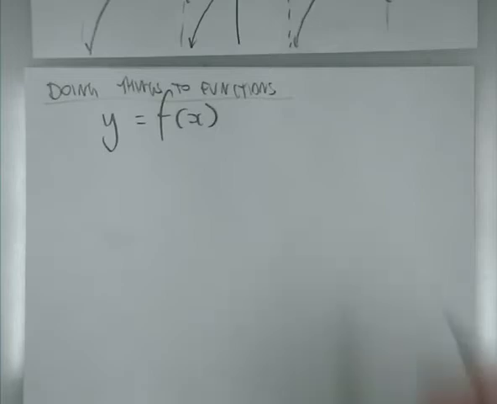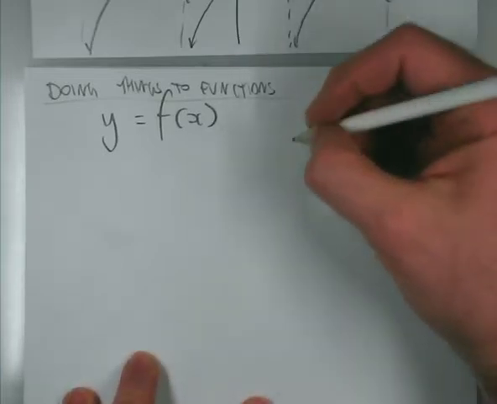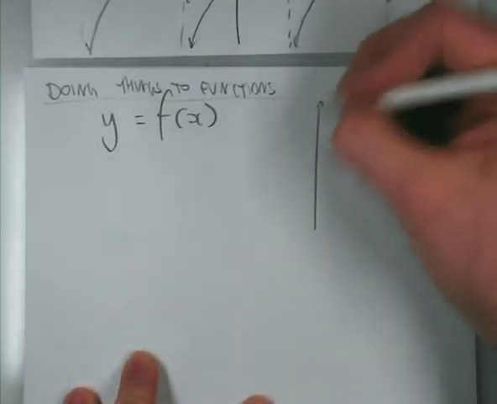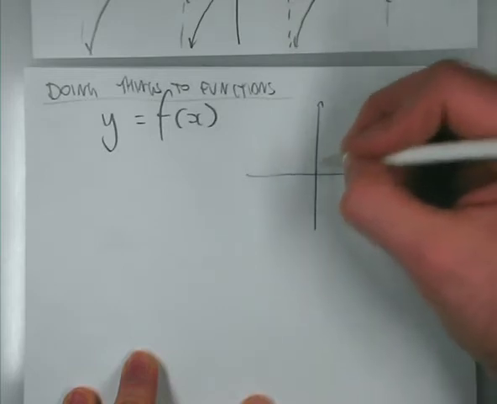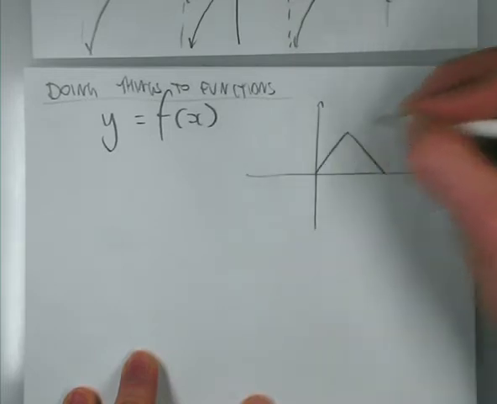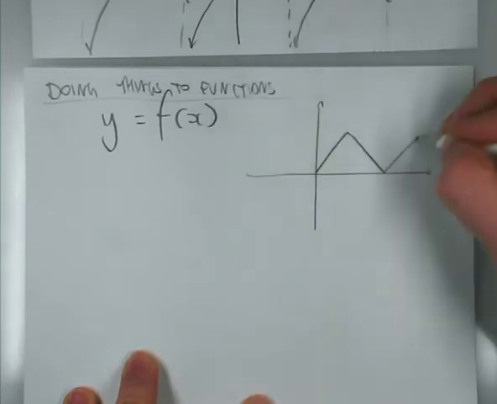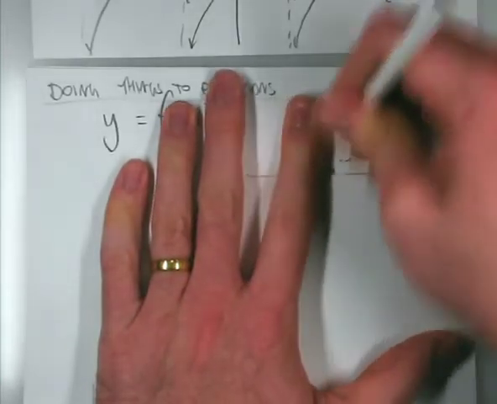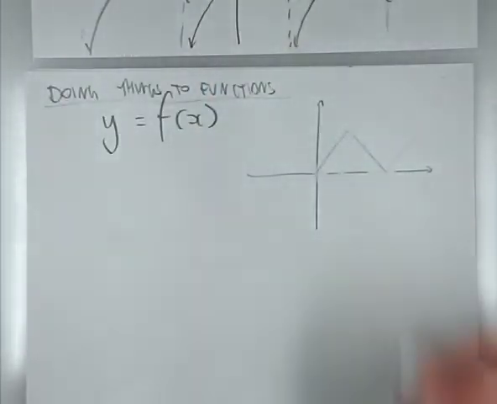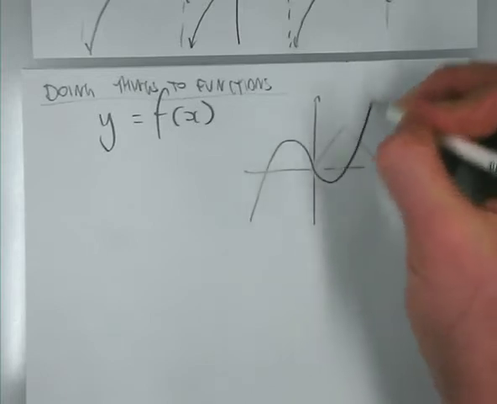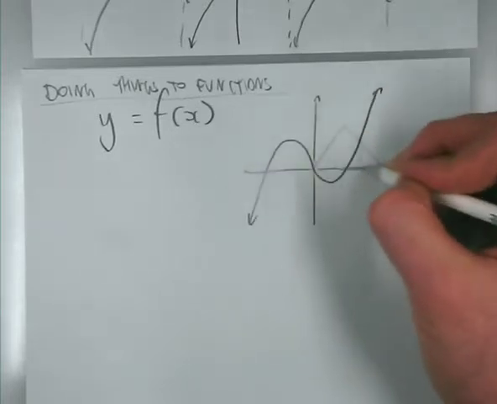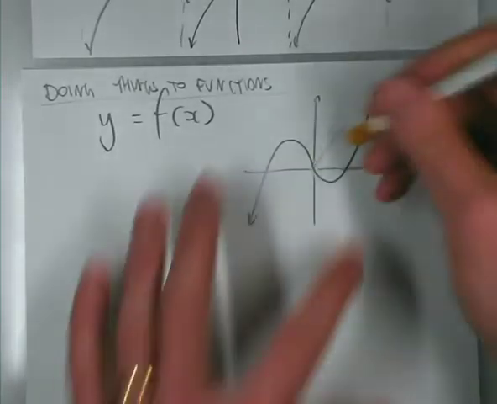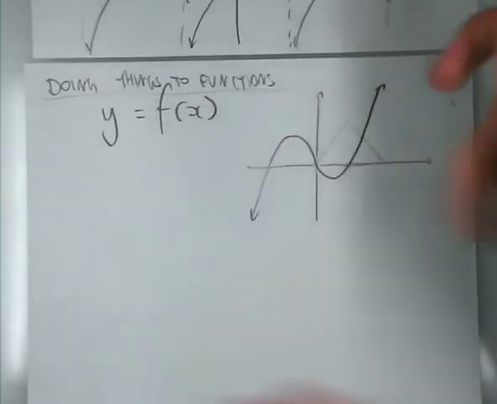So, suppose, just for argument's sake, my function looked like, what if it looked like this? Okay, this is not your trig thing. I want to point out that it works for any functions at all.